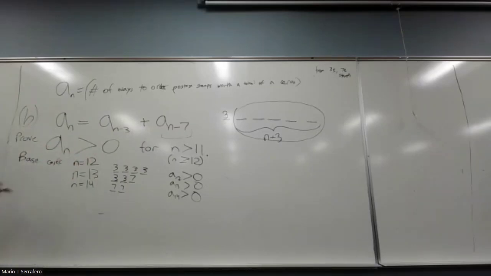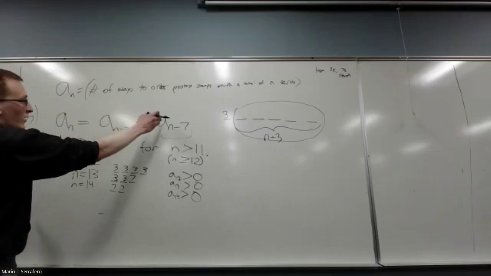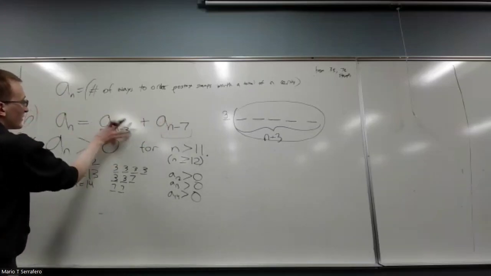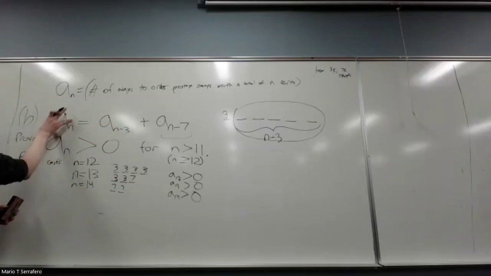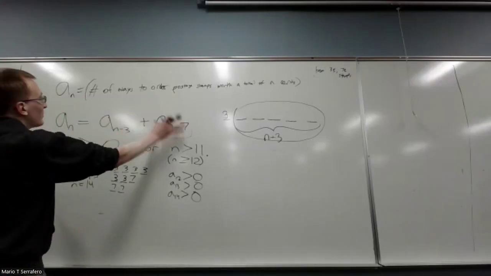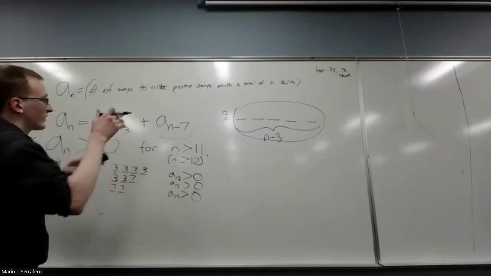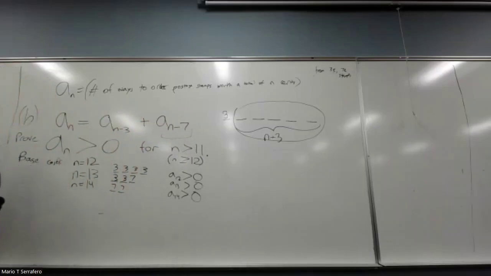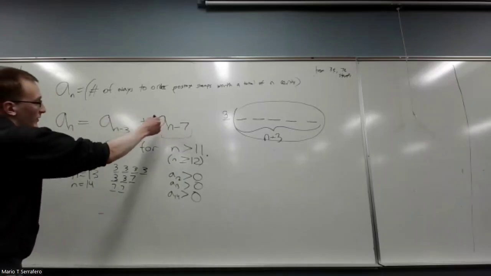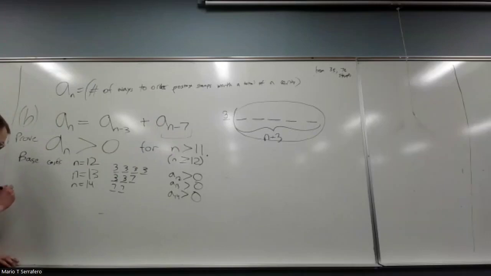If we know that a sub n minus 3 is greater than 0, then we don't care about a sub n minus 7, because this already contributes a positive to a sub n, and the other term can't be negative. It can't cancel out the positive in any way because we're counting the number of ways to do something. If there's no way to do it, it's 0, otherwise it's more than 0. So we can always say this is greater than or equal to 0, and we can stop with the base cases here.